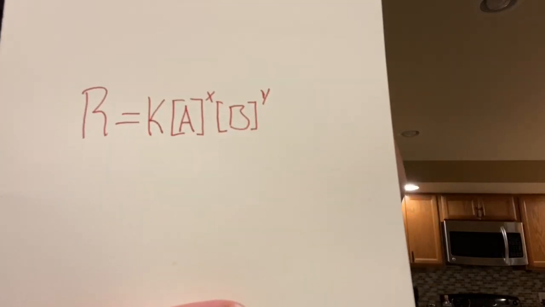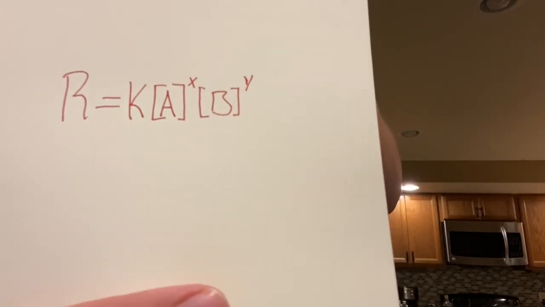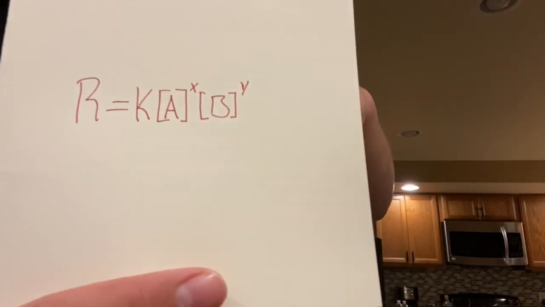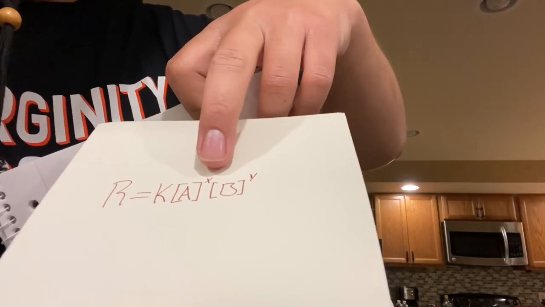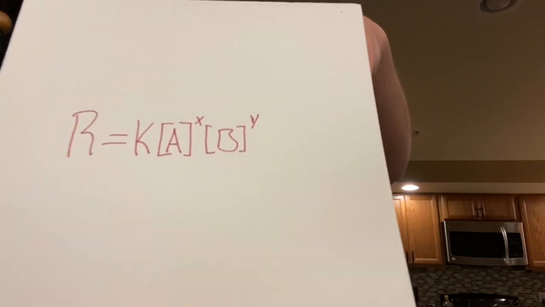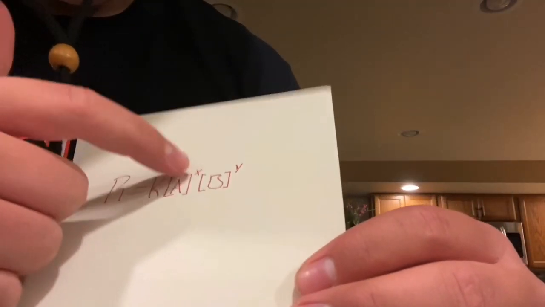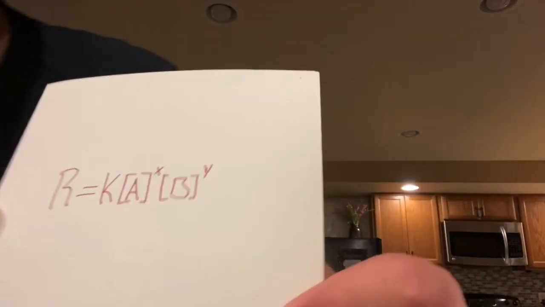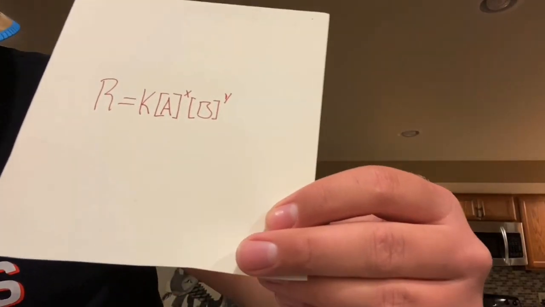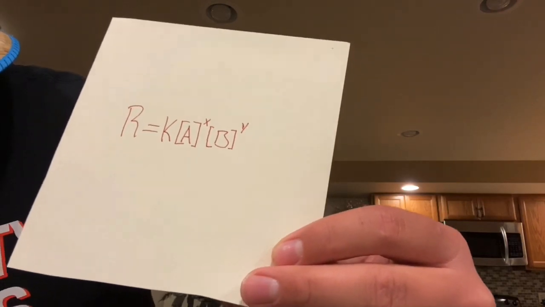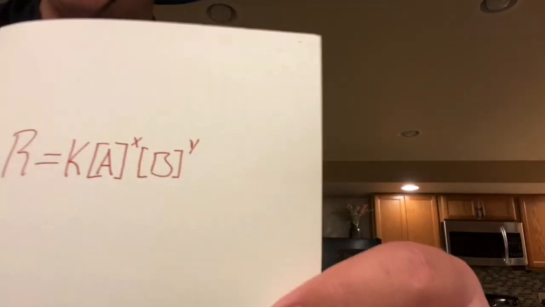And the equation that you will use, this will be the equation. We have the rate equals the constant times the first reactant and the second reactant. And up here where the X and the Y are, those will be your reaction rate orders.